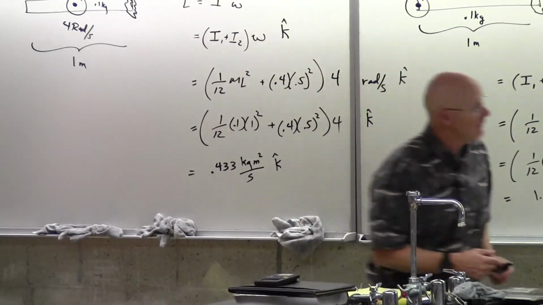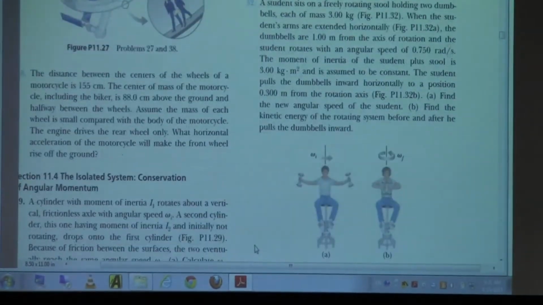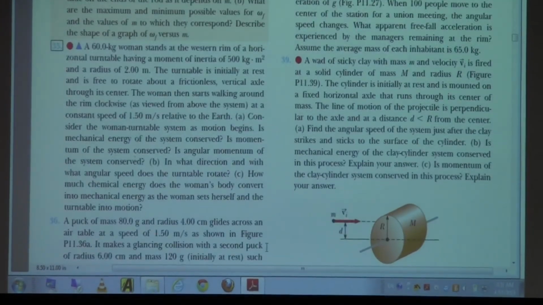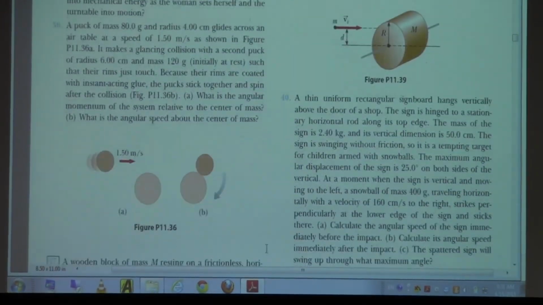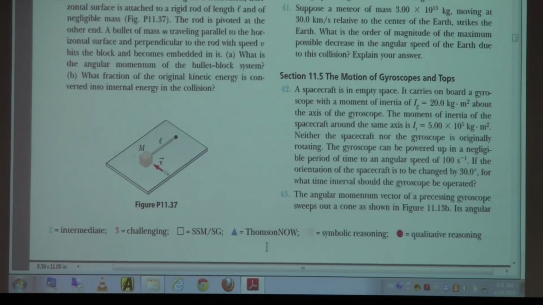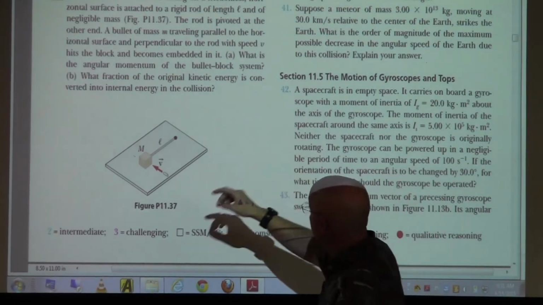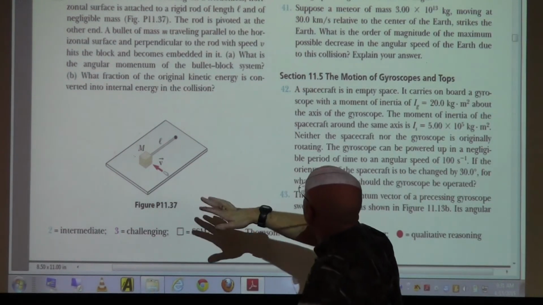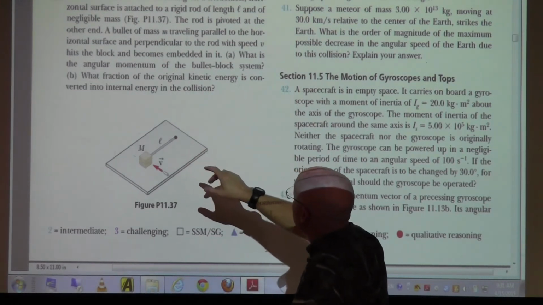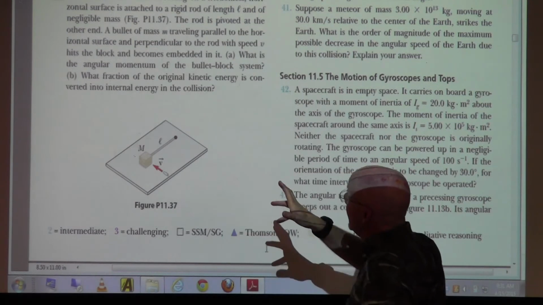All right, well, I better move on so I can show you the first hint I gave you. I think it shows up in number 37 here. 37, I think, has part of it moving in a straight line. Ah, yes, there's the picture. So here it says a wooden block of mass capital M is resting on a frictionless horizontal surface and is attached to a rigid rod of length L and of negligible mass.